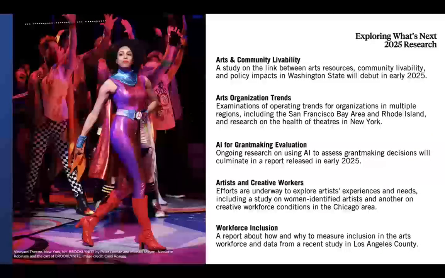We are excited about our support for grant making evaluation using machine learning and AI. We'll continue to explore artists and creative workers and workforce inclusion. So there is exciting work that is coming from our research and the data from our model that we explored earlier, and we do hope you stay connected with us.